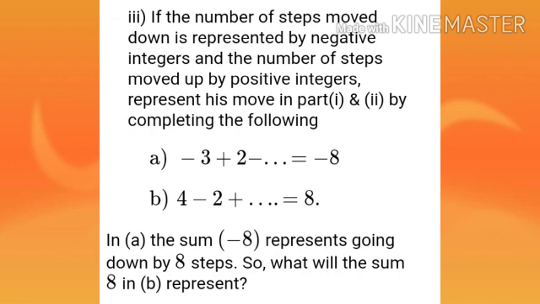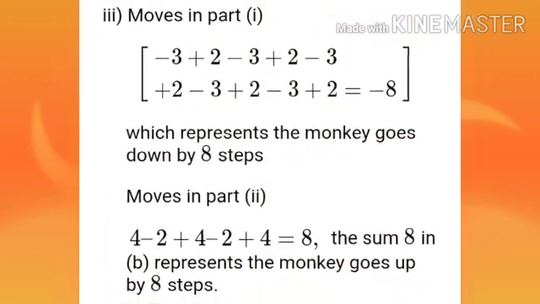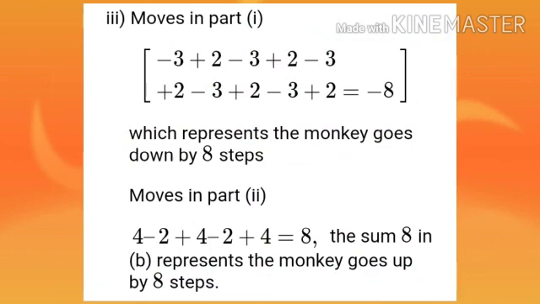The negative sign represents moving downwards and the positive sign represents moving upwards. Therefore, the sum of minus 8 represents going downward by 8 steps, which means the sum of 8 represents going up by 8 steps. Here it represents his moves in part 1 and part 2.